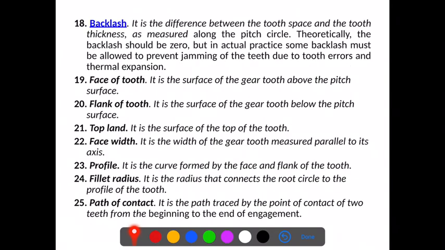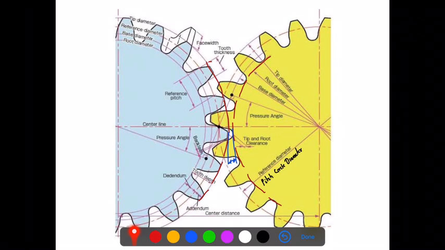Backlash is the difference between the tooth space and the tooth thickness as measured along the pitch circle. If you look at this, this is the tooth thickness and this is the tooth space.